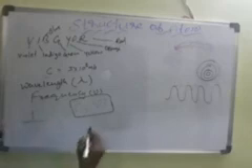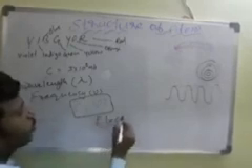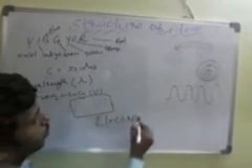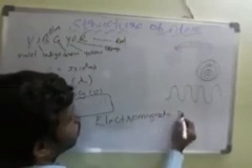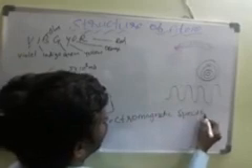So what we are saying here is that electromagnetic waves have a variety of frequencies, and the entire range of them is known as the electromagnetic spectrum. All wavelength ranges we call the electromagnetic spectrum.